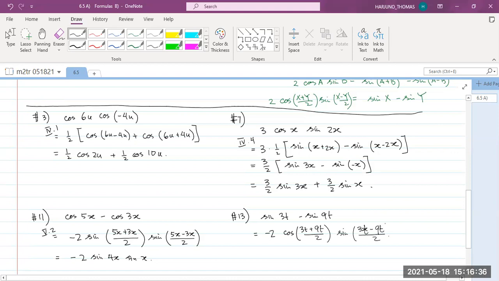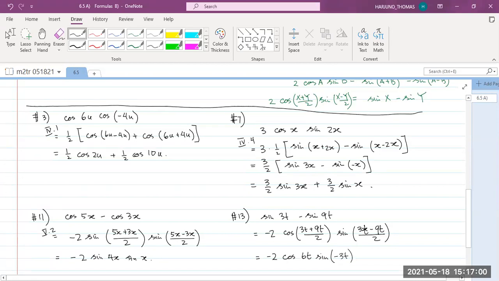So that's 2 cosine 6t sine of 6 divided by 2, 3t.